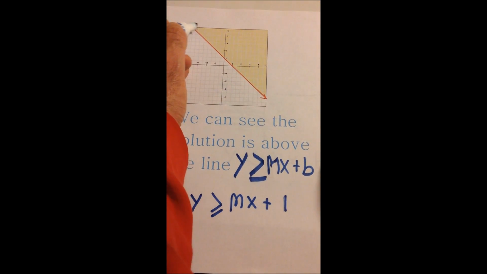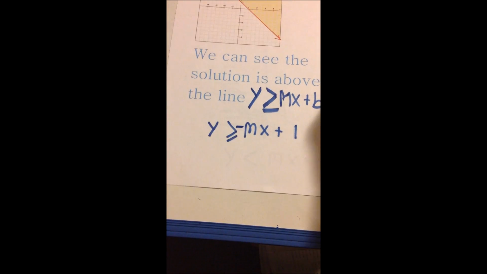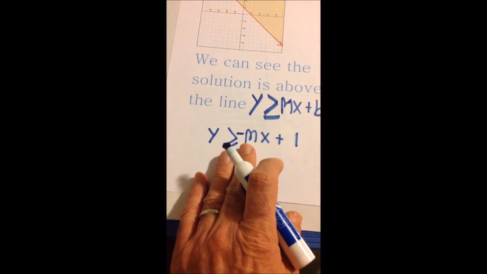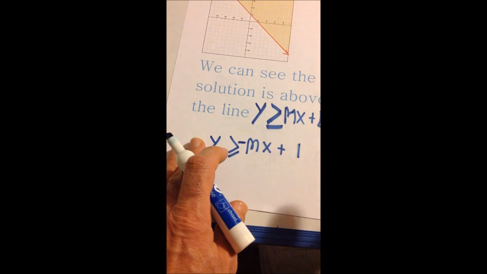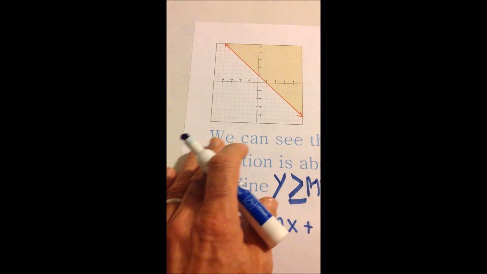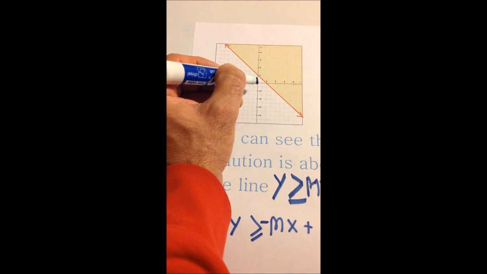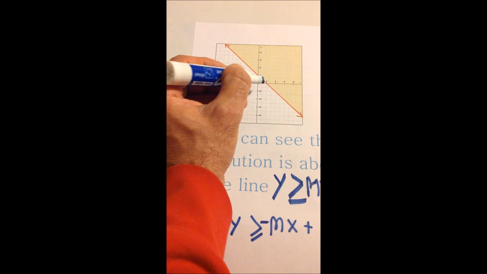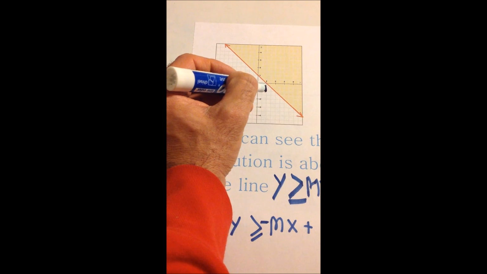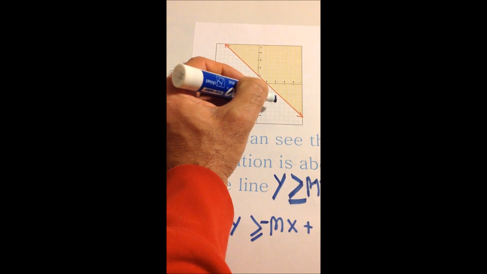We know that this line is going down from left to right, so we know also that m is negative. So now we need to find the slope. Let's look at this graph. You can find the slope a couple of ways. If you go down 2 and over 2, let's see if it happens again. Down 2, over 2, down 2, over 2.